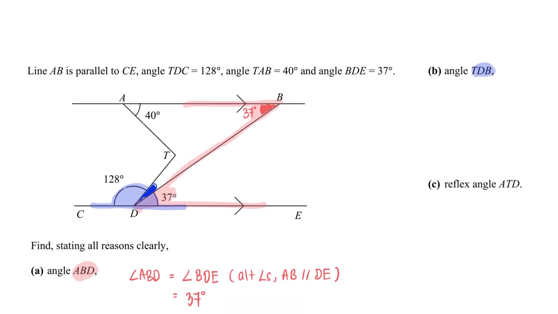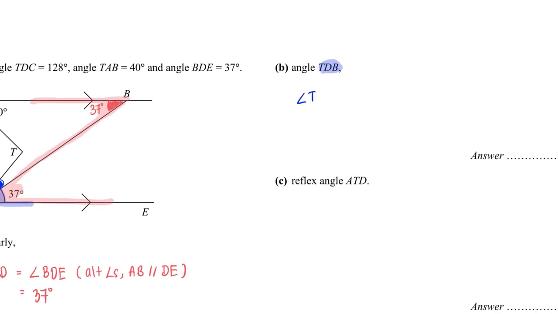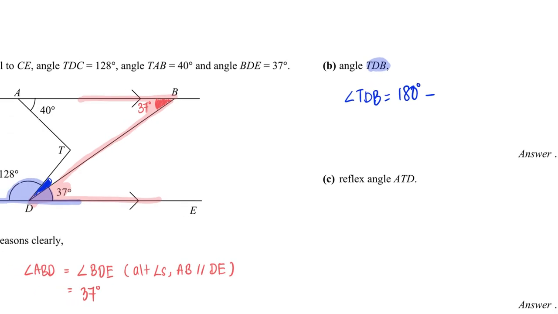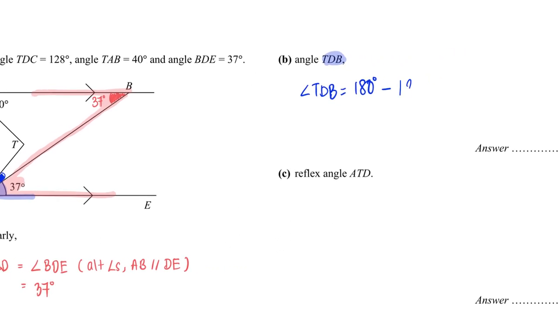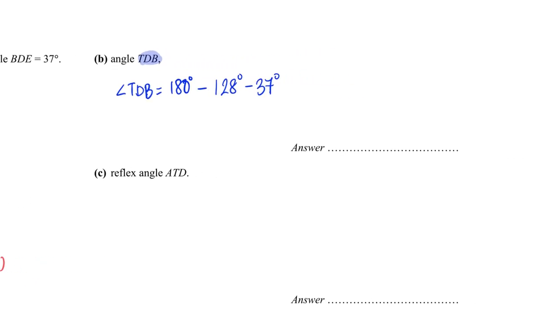And so for angle TDB, it is simply 180 degrees minus 128 and 37, because adjacent angles on a straight line add up to 180 degrees. Yeah, this will give me a value of 15 degrees.